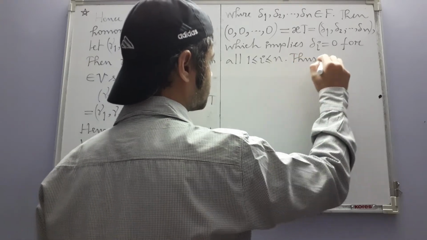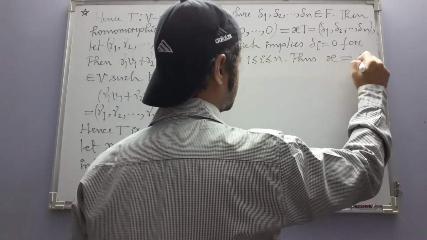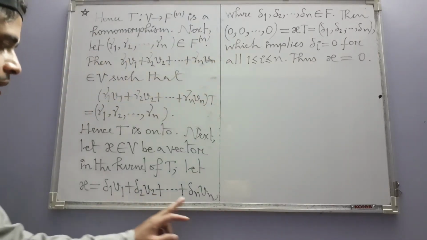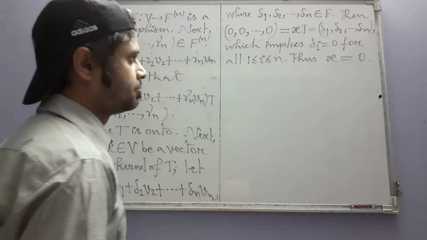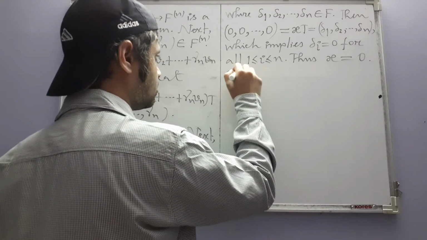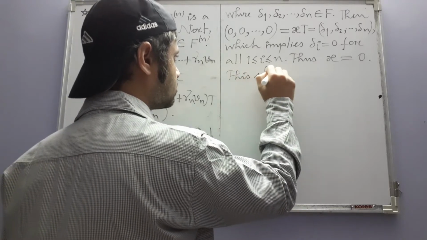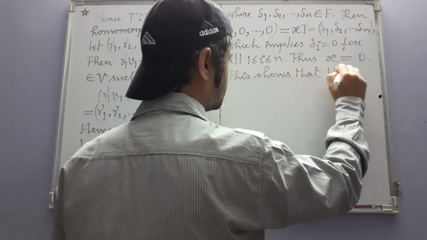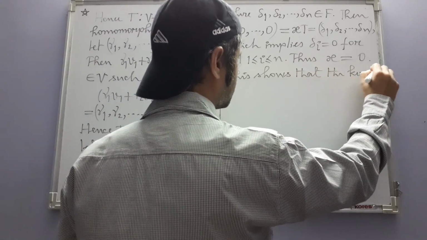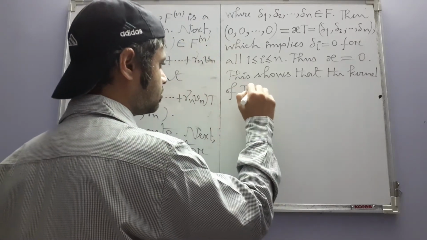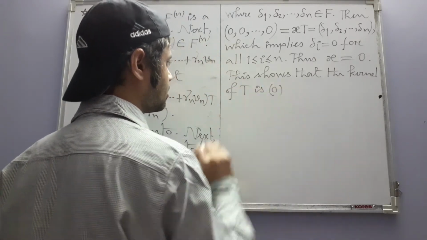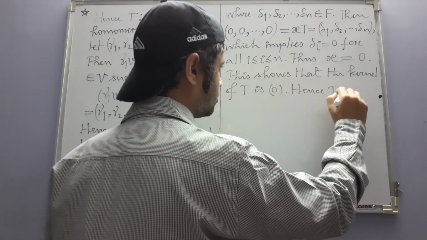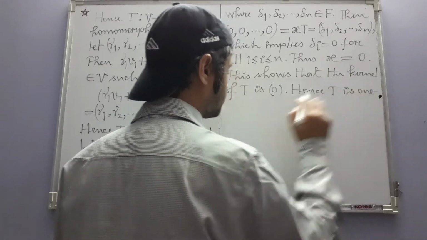Thus, now x becomes 0 because all the deltas are 0, so automatically x is 0. This shows that the kernel of T is the 0 subspace of V. Hence, T is 1 to 1.